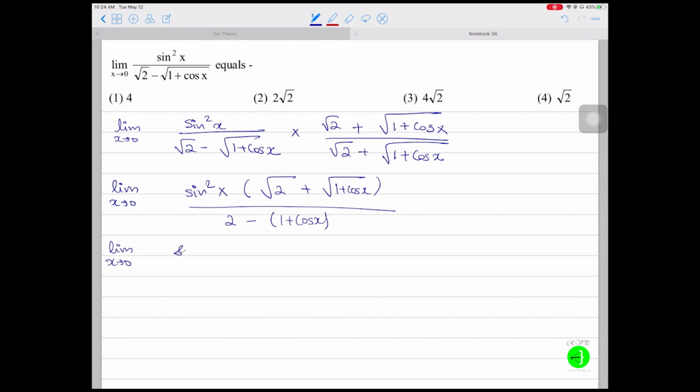So we have limit x approaching 0 of sine squared x times under root 2 plus under root 1 plus cosine x over 1 minus cosine x.